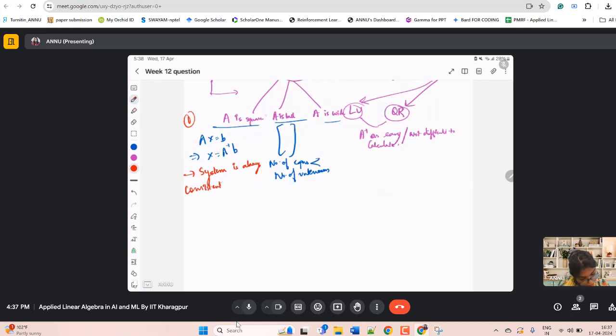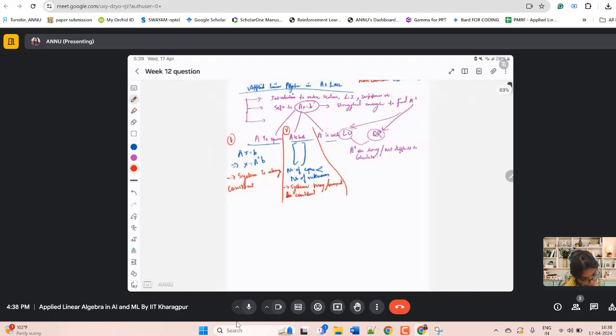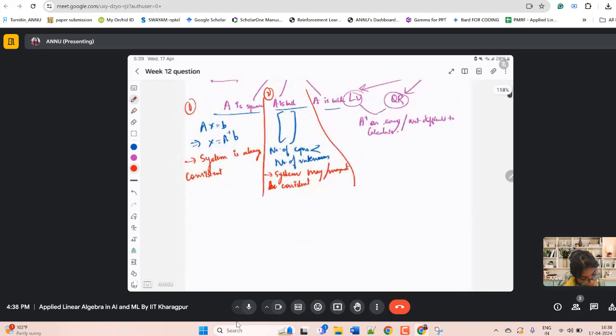Here, the second one, system may not be consistent. Okay, system may or may not be consistent.